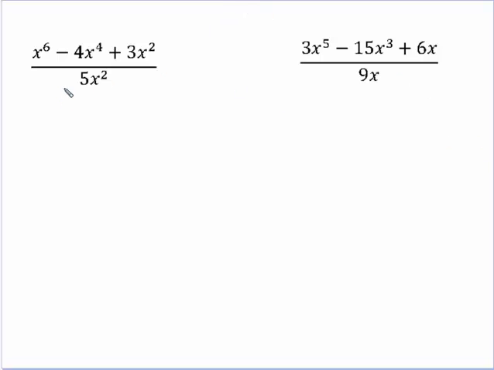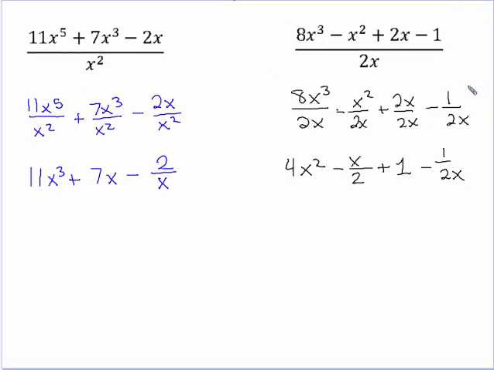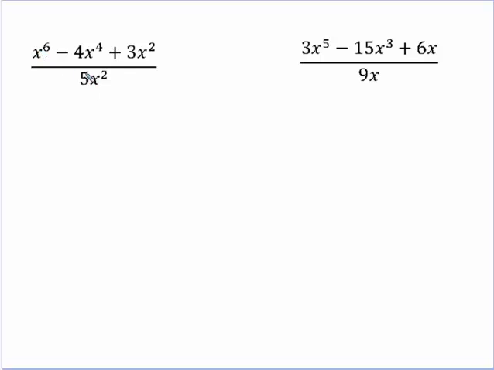A couple more examples like this. Now we don't have to write out this step here. We can skip that step and look at these individually. I can say x to the 6th over 5x squared: 6, 1 over 5. 6 minus 2 is 4. 4 over 5. 4 minus 2 is 2. 3 over 5. 2 minus 2 is 0.